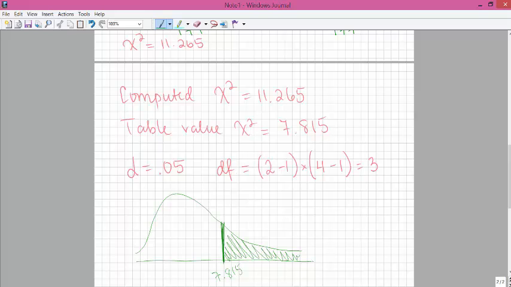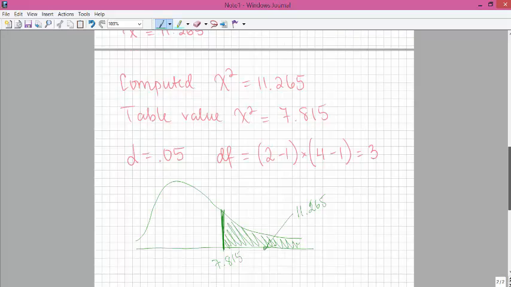So if the data falls in here, then we say this is unusual. So where's 11.265? Let's say it's somewhere here. That's our computed value, right? What does it mean? It means that we reject the null hypothesis, right?